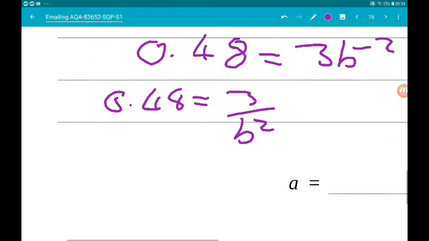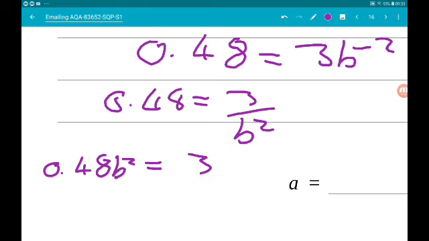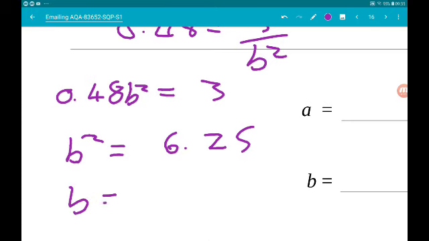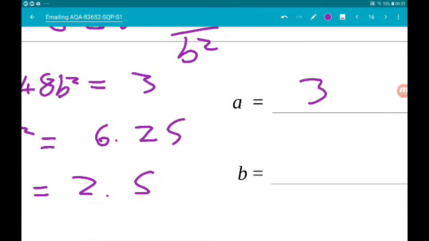If we multiply through by b squared, 0.48 b squared is equal to 3. Divide by 0.48, and we get b squared is 6.25. So then if we square root, b is 2.5. So a was 3, b is 2.5.